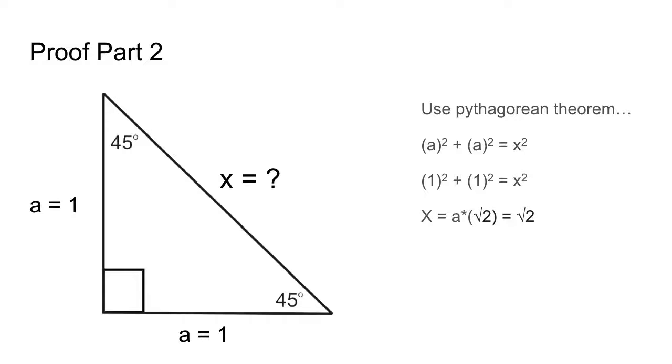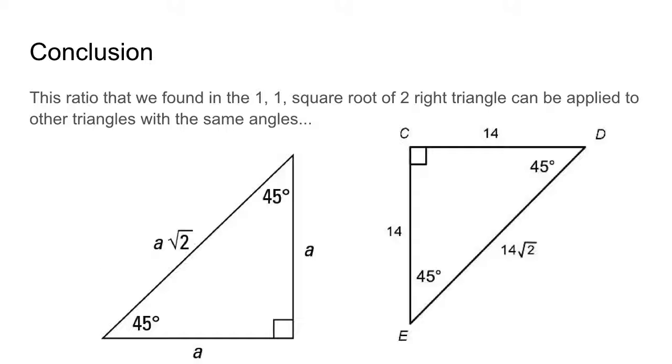Or, in the case of setting the individual base and height components to 1, we get that it equals root 2. And as we discussed before, once we find the ratios of this type of triangle, it can be applied to any similar triangle, meaning a triangle of equal angles.